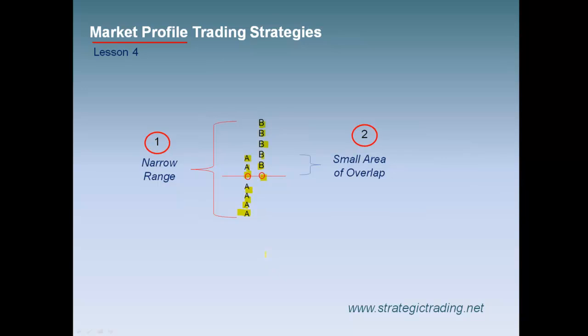So really, in total, this was a very narrow range, and we had a small area of overlap. Typically, a small area of overlap is not characteristic of short-term trader behavior. However, I wanted to show you this example to show you that there are times when, in fact, you will see this happen, and it'll still be the short-term trader who's in control.